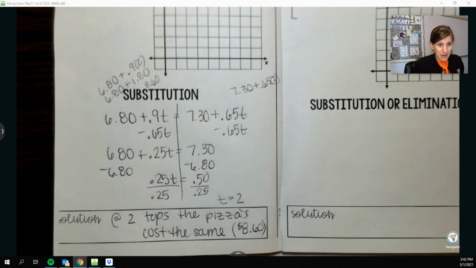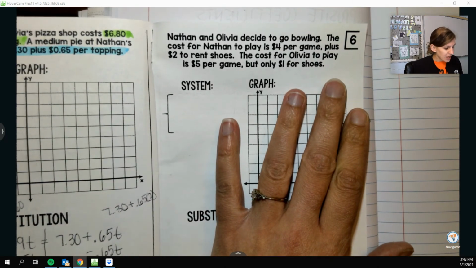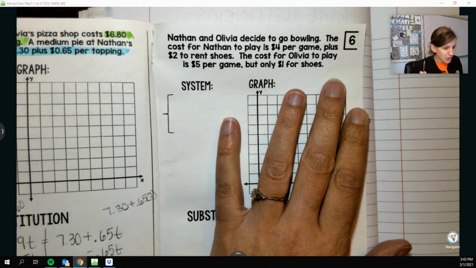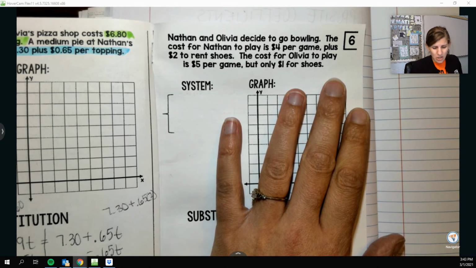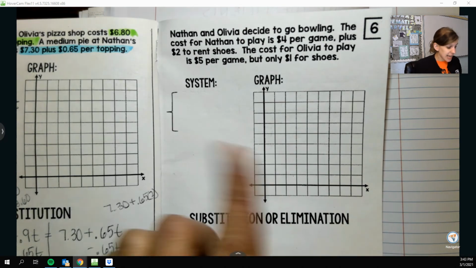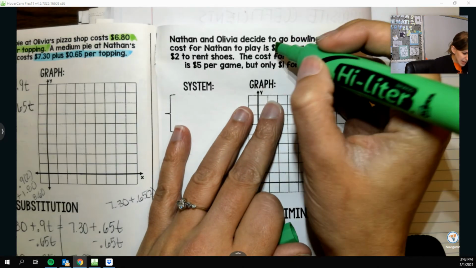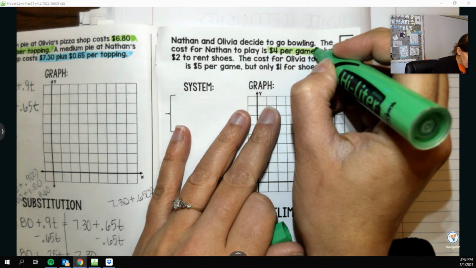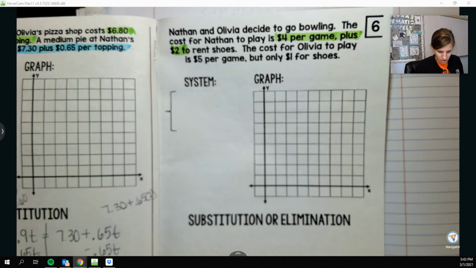Okay, last but not least, Nathan and Olivia decide to go bowling. The cost for Nathan to play is $4 per game, plus $2 to rent the shoes. The cost for Olivia to play is $5 per game, but only $1 for shoes. So again, this is kind of like the last one. I have to pay $4 per game plus the $2 to get the shoes.